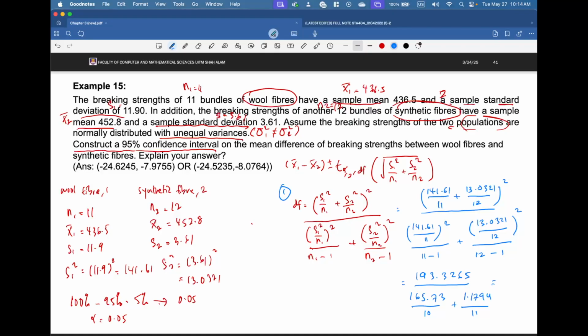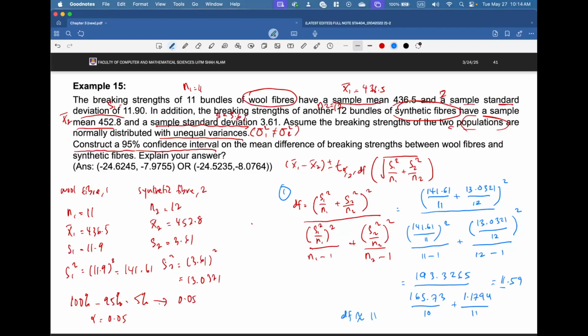You will get 11.95, and then you round down. So we just take the first part, and the df is approximately 11.